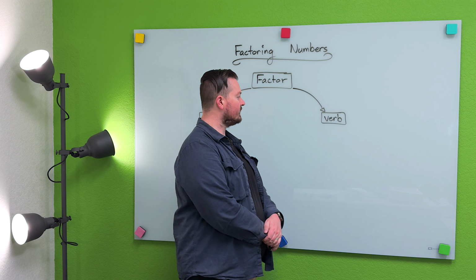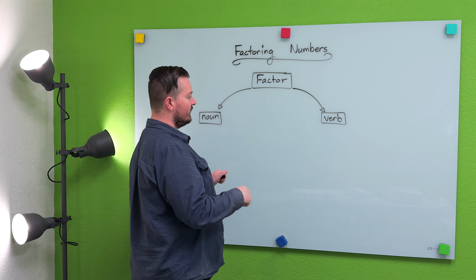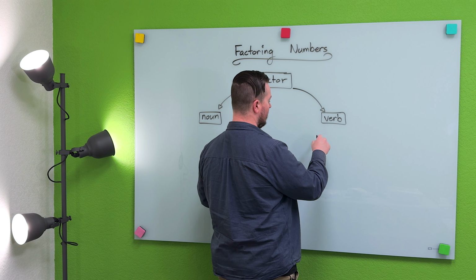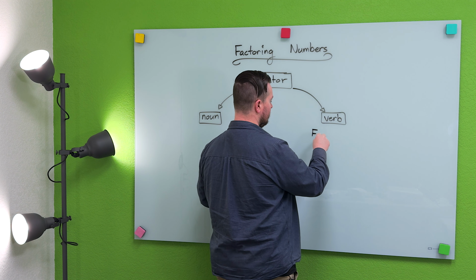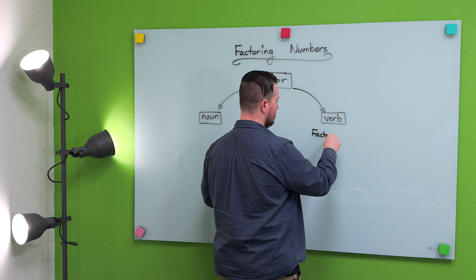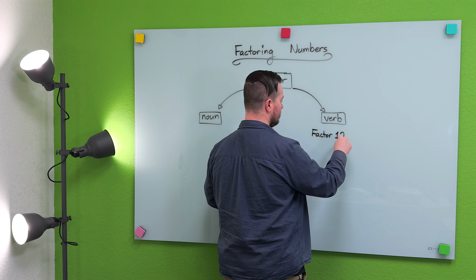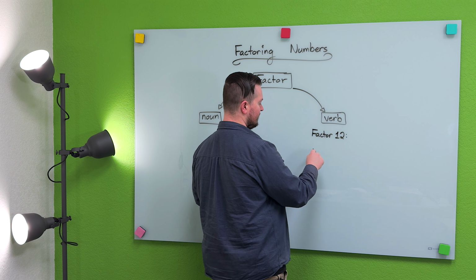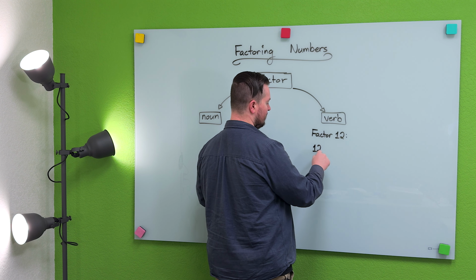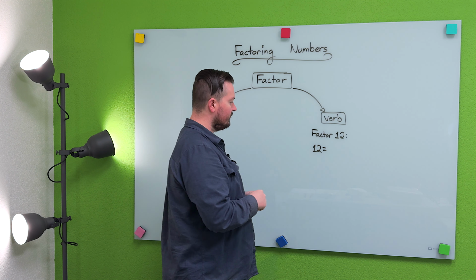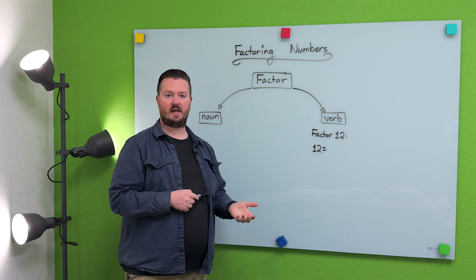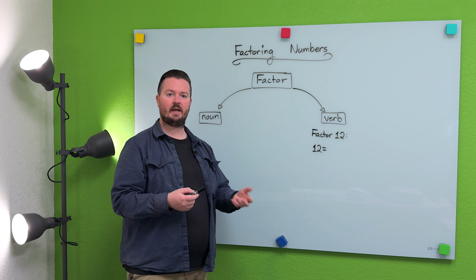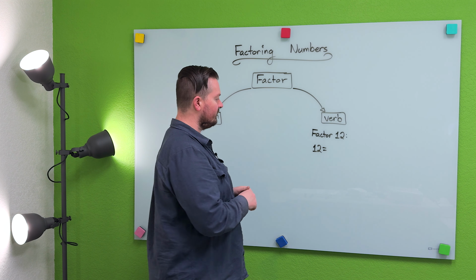Now, if we just focus in for a moment, let's start with a verb. I could tell you to factor 12. And what that means is take 12 and rewrite 12 as multiplication. So multiplying numbers to get 12.